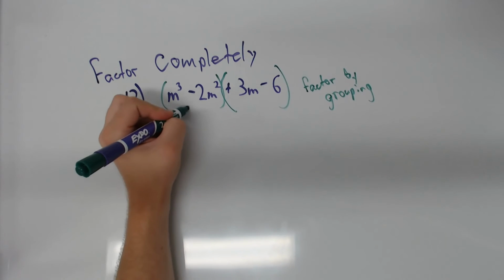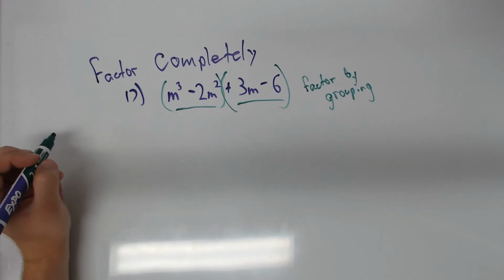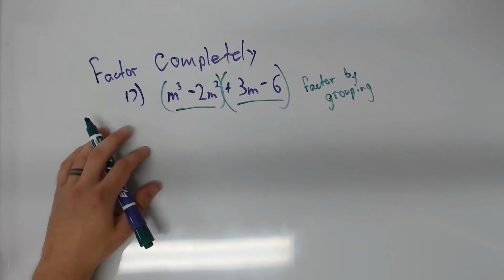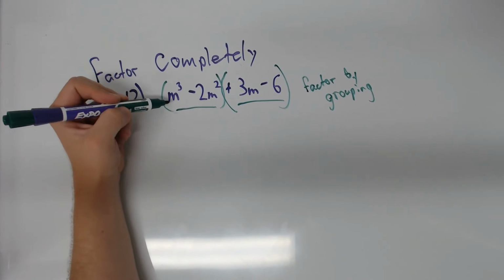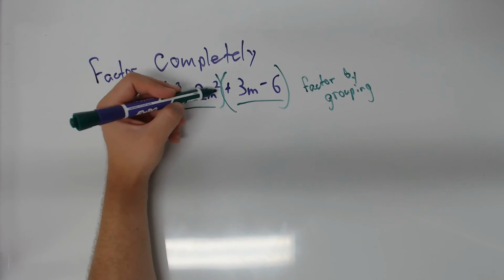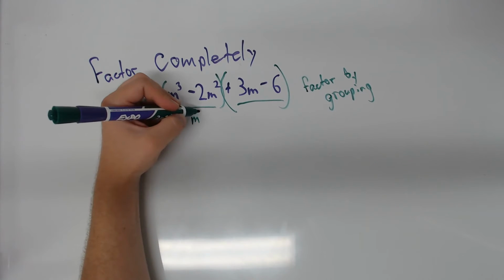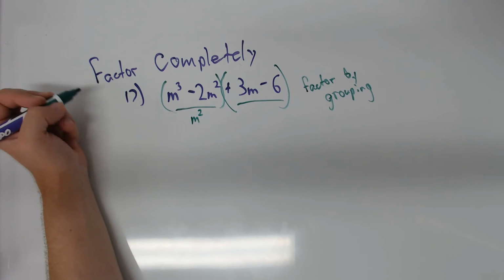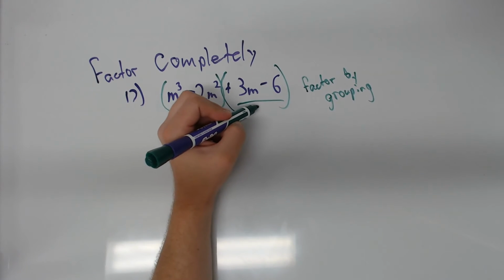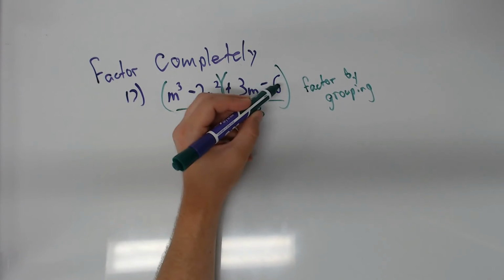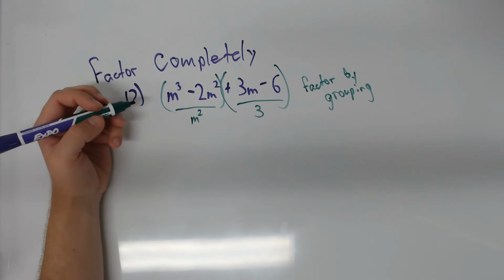And then I factor out what I can of each of these things. This is why it's called grouping. So I can't factor any numbers out of the first one, but this has 3 m's, this has 2. They can both give up 2 m's. So I'm going to factor out m squared. Over here, 3 and 6 are both divisible by 3. I can't take out any m's, though, because the 6 doesn't have any m's to give up.